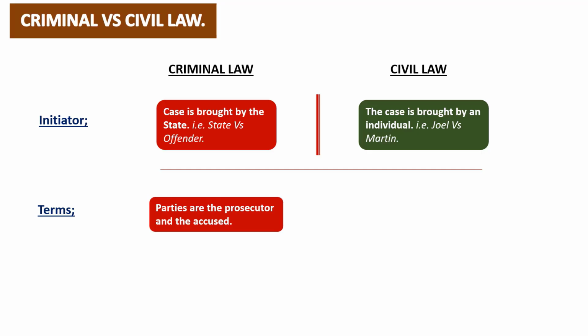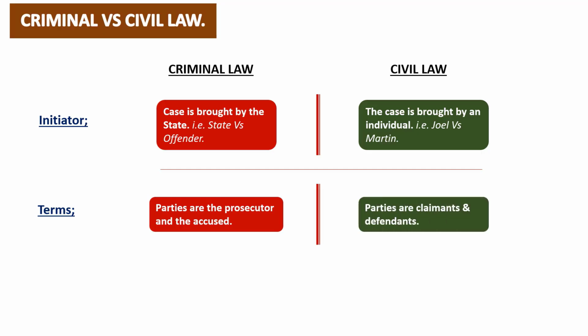Now, the person who is alleged to have flouted the laid down rules and procedure is the accused. Now, in civil, the parties are known as the claimant and the defendant. So the claimant is the person who feels aggrieved by the actions of another individual. That is the defendant.